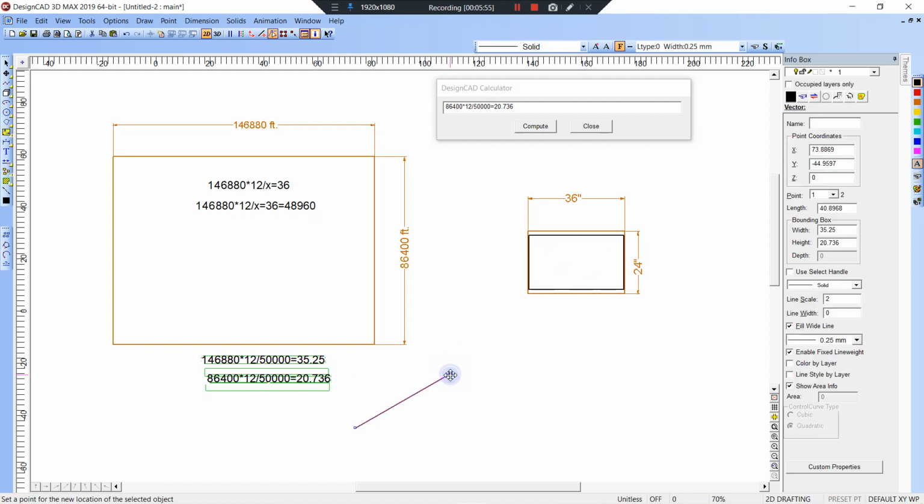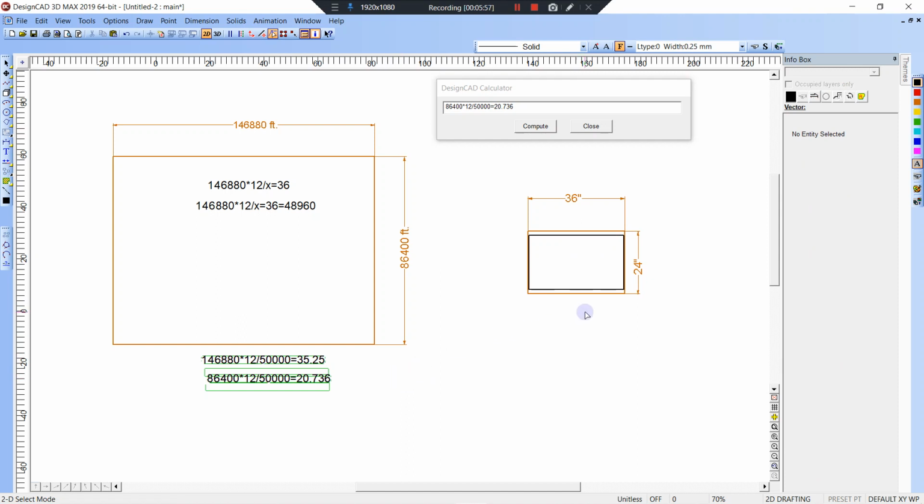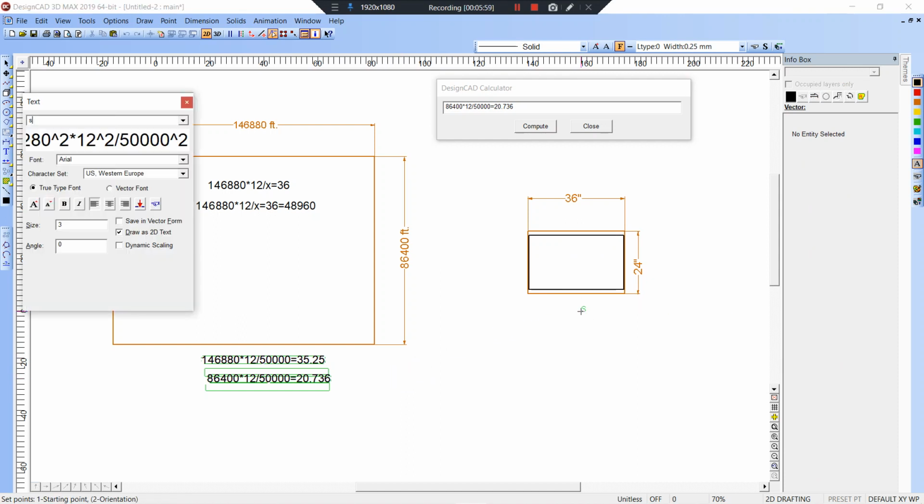All right, and now you have scale factor. So 1 here to 50, 1, 2, 3. That's our scale.